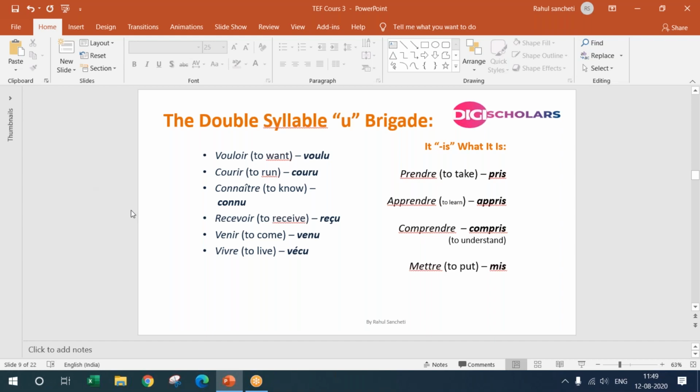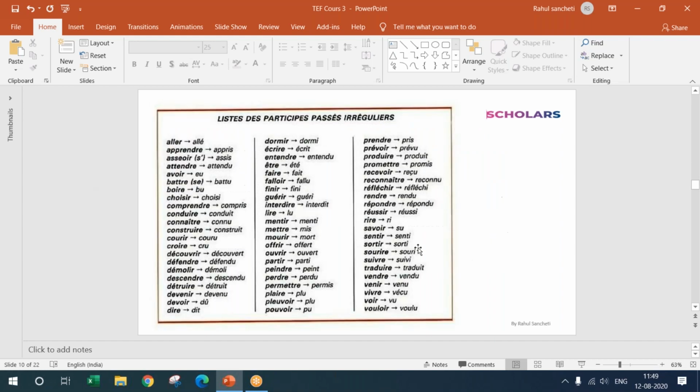So this is the combined list of all of the important verbs. These are roughly 60 to 65 verbs. I don't remember, but these are the list of very important and high probable verbs in French.